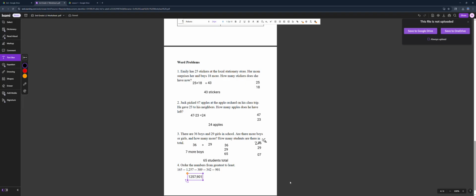And the third highest would be 342, then 309, because its hundreds place is greater than 165's, and the least would be 165.